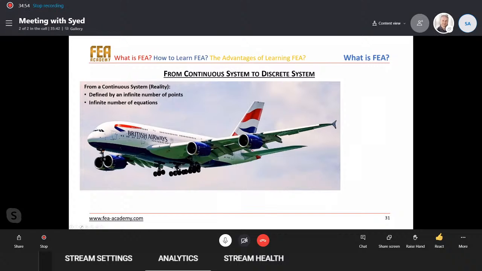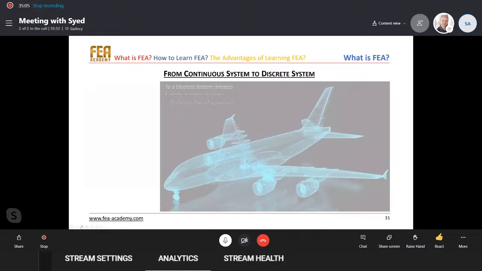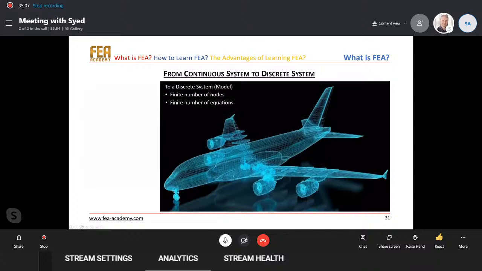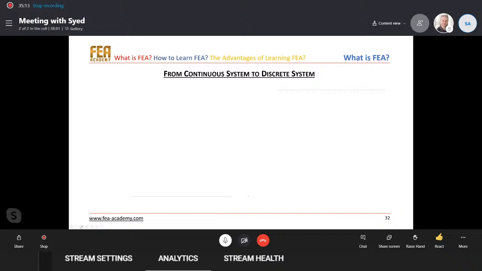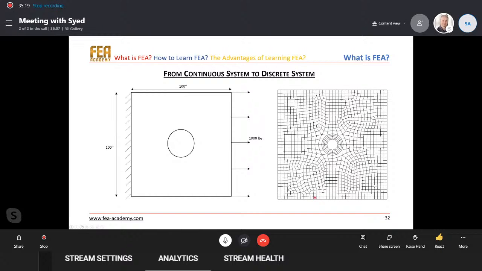Discretization or meshing permits us to transform a continuum problem into a discretized solution. So from a continuous system, which is the reality, defined by an infinite number of points and an infinite number of equations, you obtain a discrete system, the model, defined by a finite number of nodes and a finite number of equations. Here, an example of a simple plate with a hole, discretized with a finite number of elements.